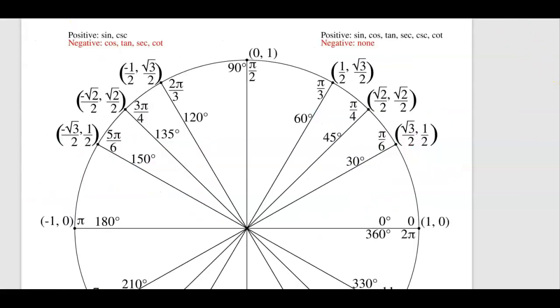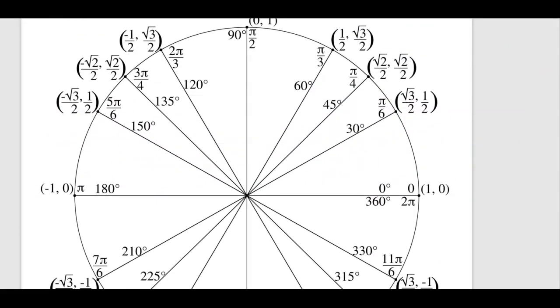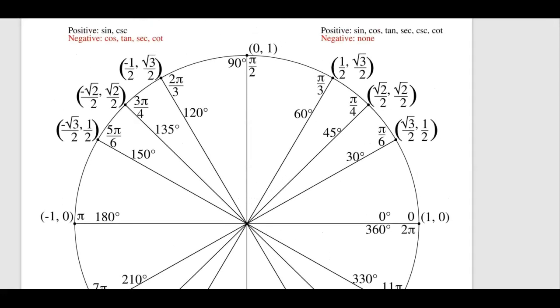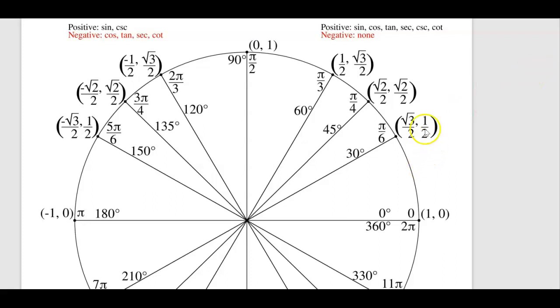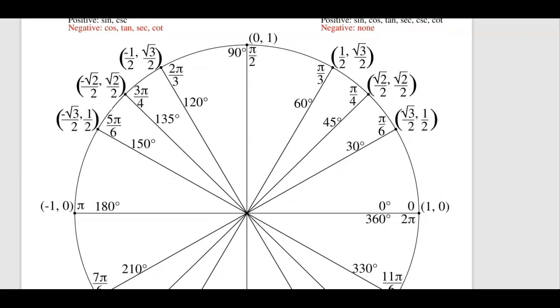All right, so I've pulled up a better copy of the unit circle. This is a completed one that is nice and printed, so you don't have to read my handwriting. So take a minute to go through and double check all the values that we have filled in for all 4 quadrants.